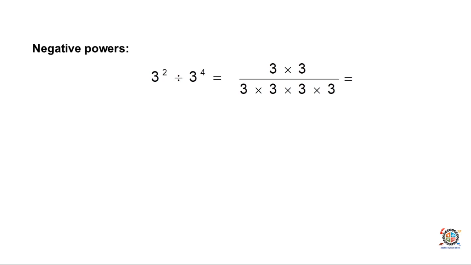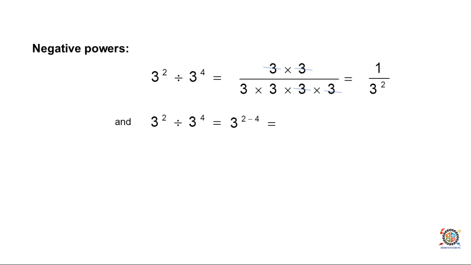If I cancel this out, I will be left with 1 over 3 to the power of 2, because the 3s that were left behind were in the denominator.